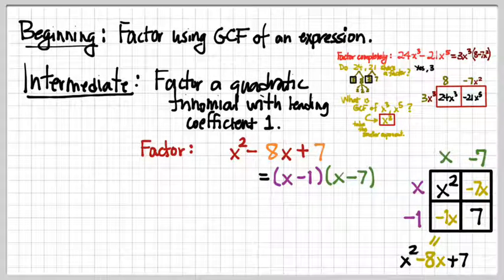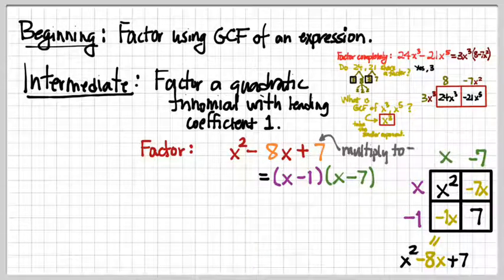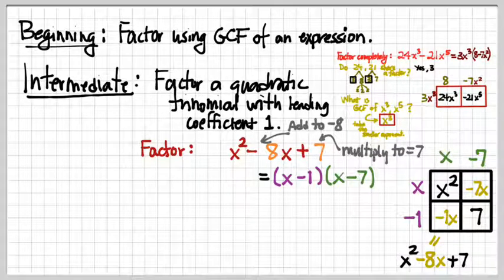And again, looking back at what made this example work, and this is very often the way that people approach these, the way that it sticks in their brain, is that we were looking for two numbers which multiply together to equal positive 7, and those same numbers have to also add together to give me negative 8.